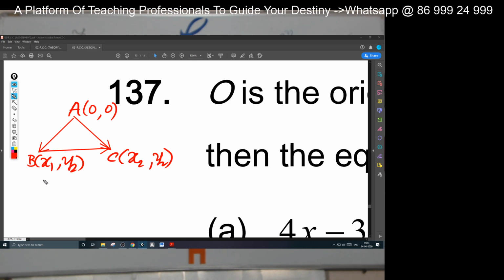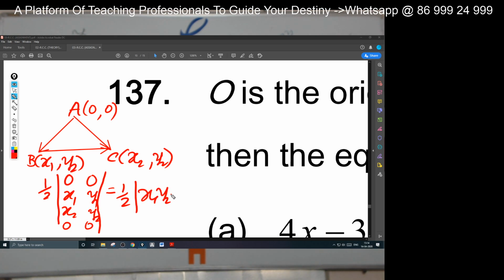What is the short form I taught you? Half modulus of the determinant 0, 0, x1, y1, x2, y2, 0, 0. Then this is equal to half modulus of, this becomes 0 and the lower part also becomes 0, half modulus of x1, y2 minus x2, y1 is the area of the triangle.